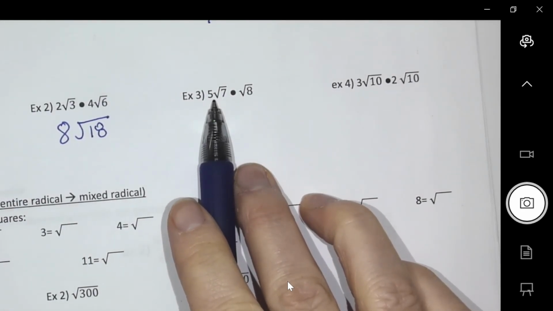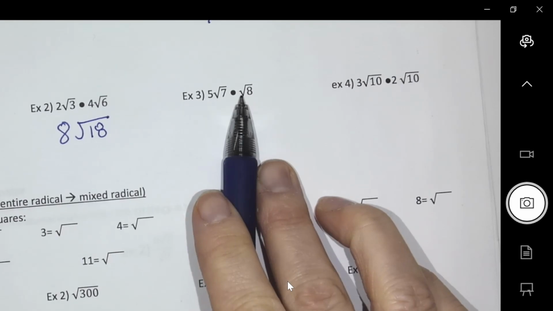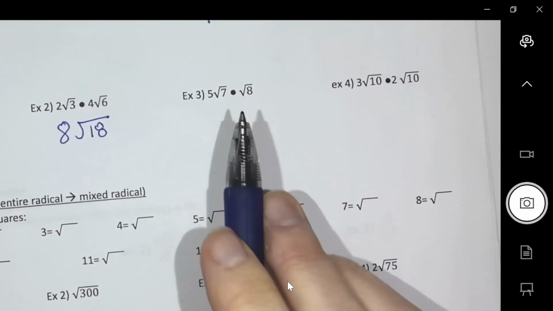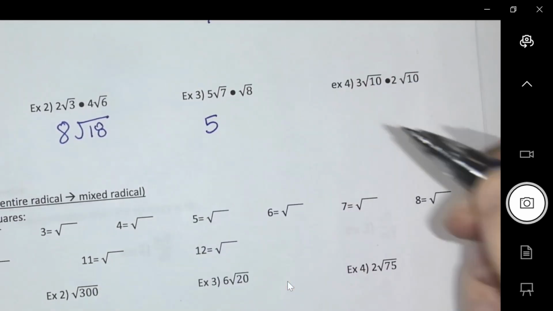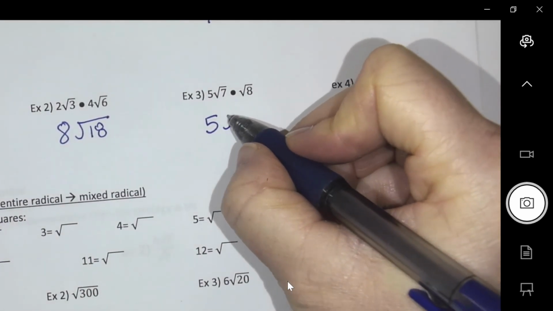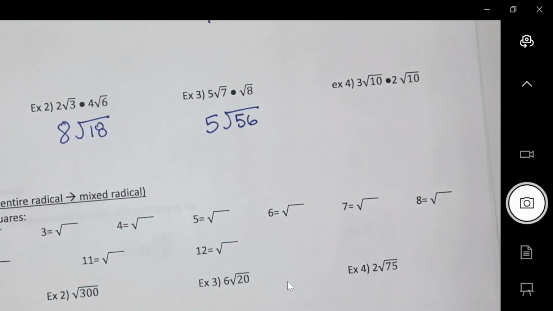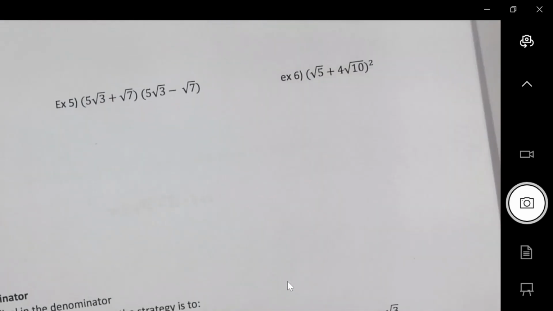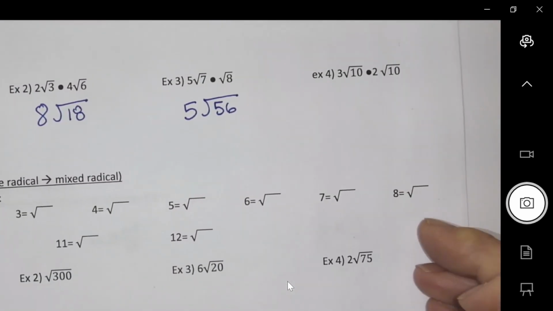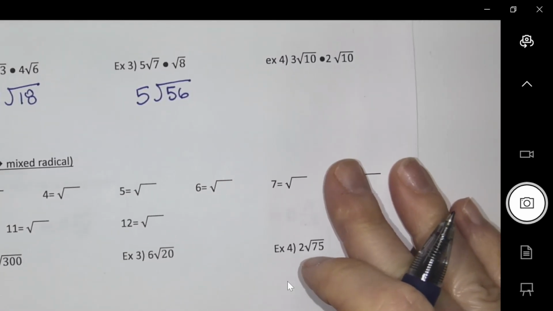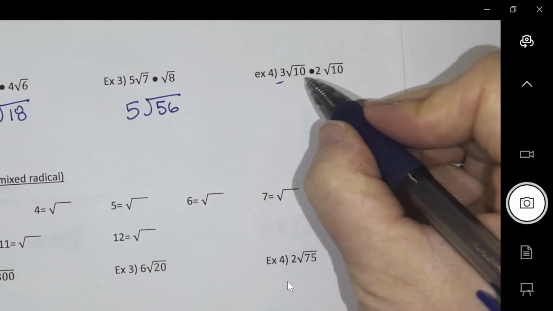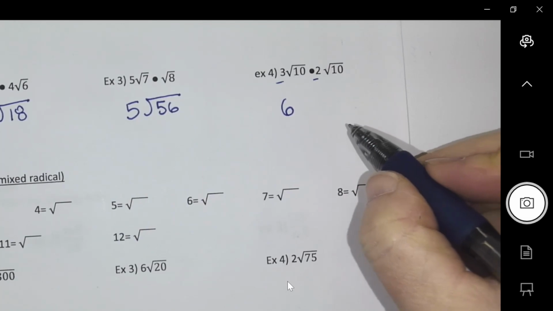In the front, there's a 5. Technically, in the front of this one, there's a 1. So the coefficient is 5 root 56. And the last one is the front, 6.